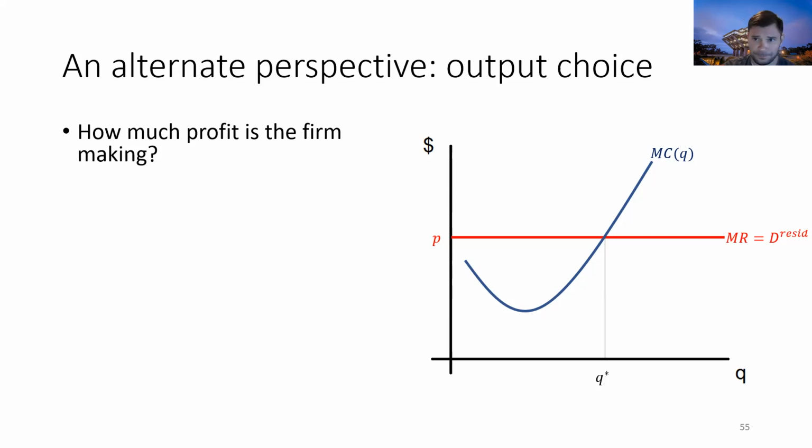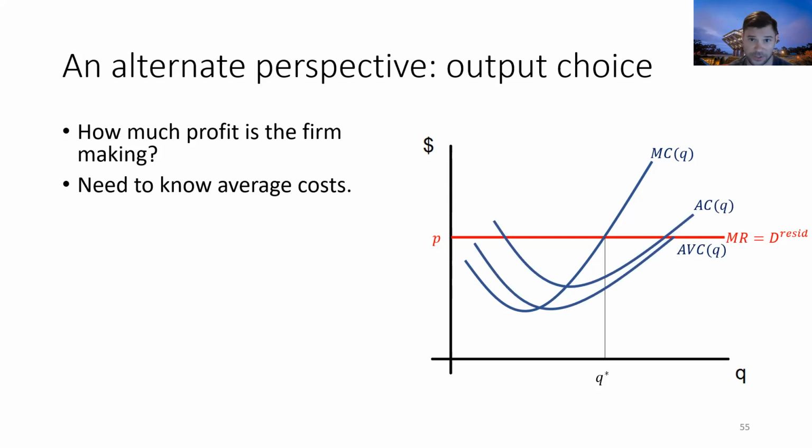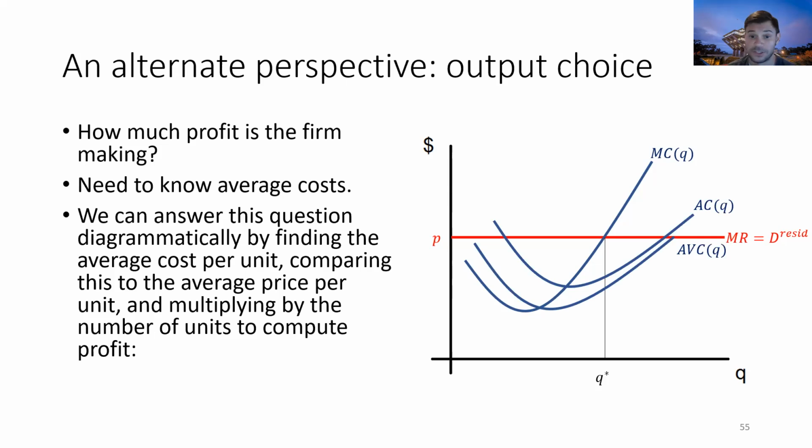So here's what we're going to do. If we don't know the fixed cost and I want to calculate profit, I can do this if I know where my average cost curves are. Here are my average costs. I think now it's easier for us to think about how much profit the firm makes. So let's rewrite profit in terms of the average cost.